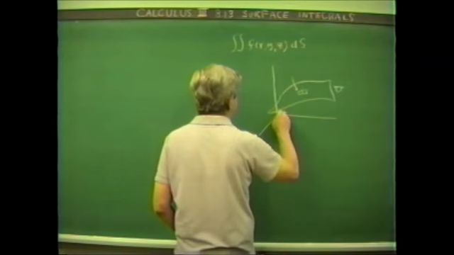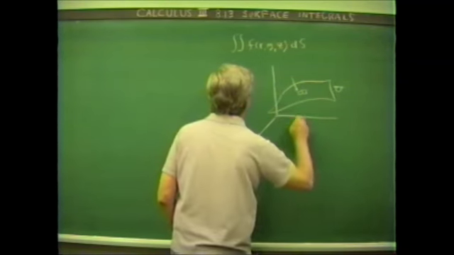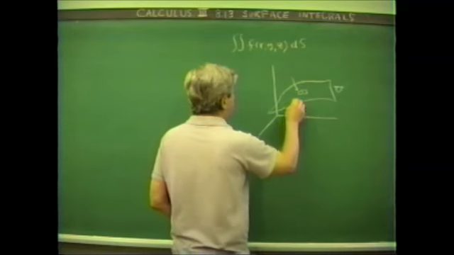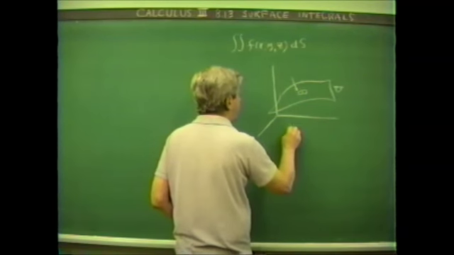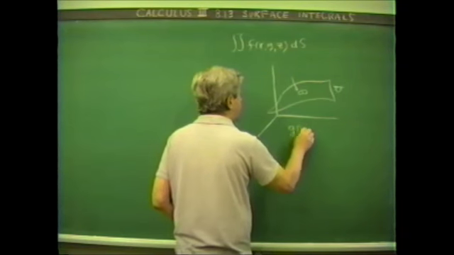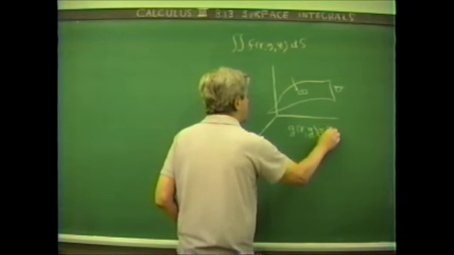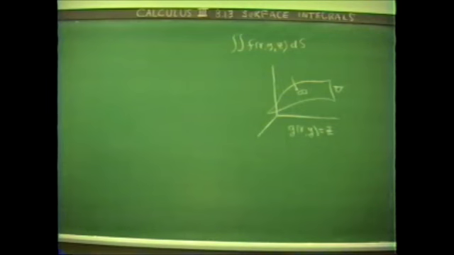We can really only deal here, without much more elaborate theory, with the simple case where this surface is given by the graph of g of x and y equal to z. All right?